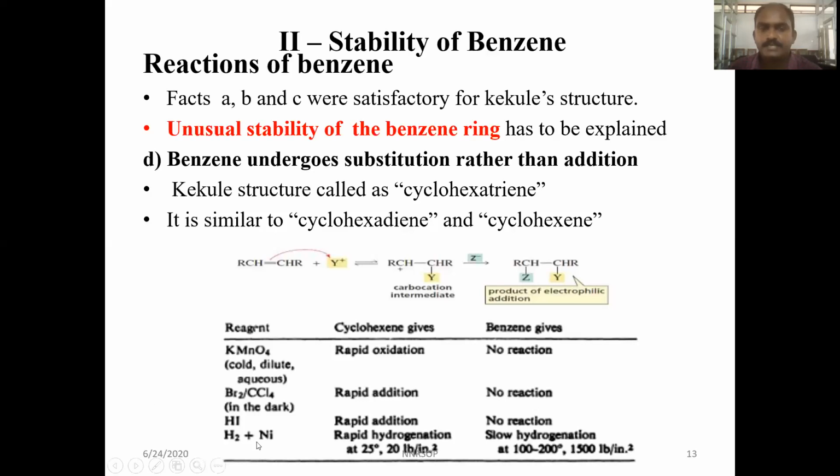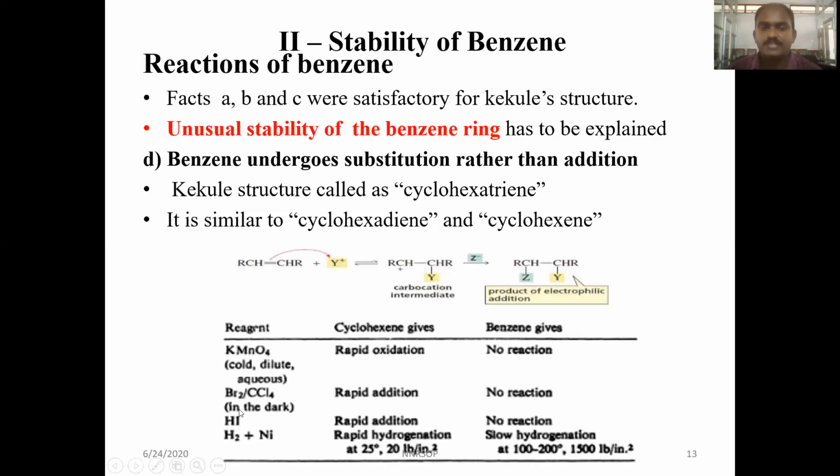When you see certain reactions here, KMnO4, when it is reacted with benzene, there is no reaction, but cyclohexene has a rapid oxidation reaction. When bromine in the presence of carbon tetrachloride reacts with cyclohexene, the reaction is very, very rapid, but there is no reaction with benzene.